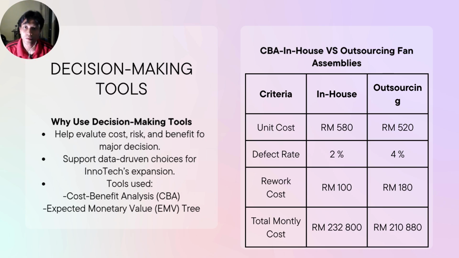From the table, we can see the total monthly cost for in-house is 232,800 ringgit, which is more expensive than outsourcing. So outsourcing saves at least 21,920 ringgit per month, but the quality risk must be managed.